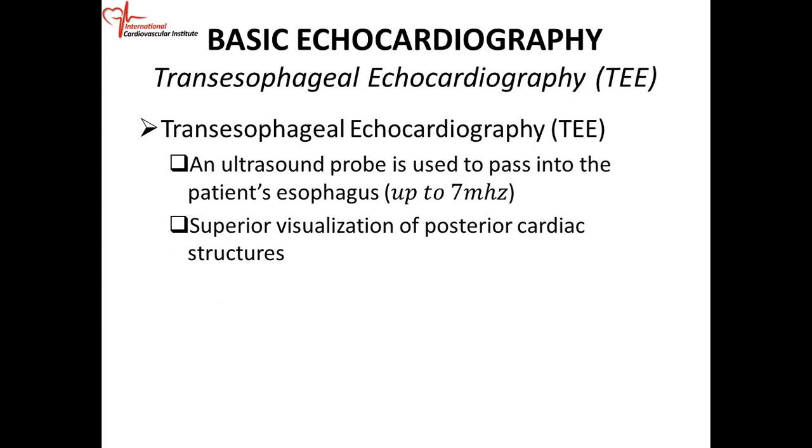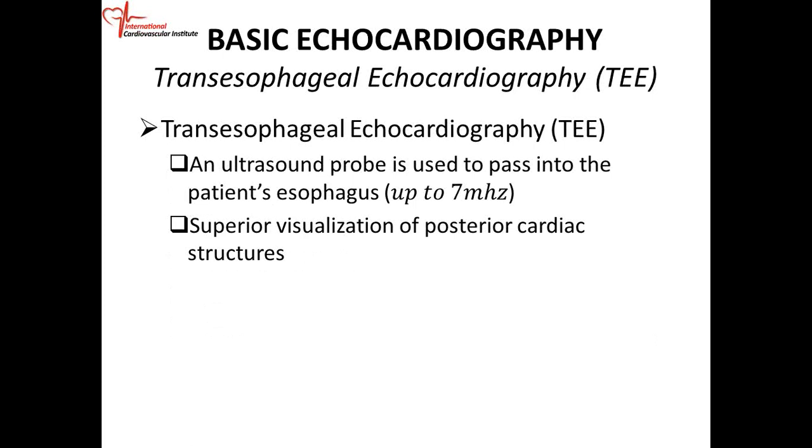And the frequency of these probes is pretty close to 7 megahertz. So it's an ultrasound probe which is passed into the patient's esophagus, and the frequency of the probe is about 7 megahertz.